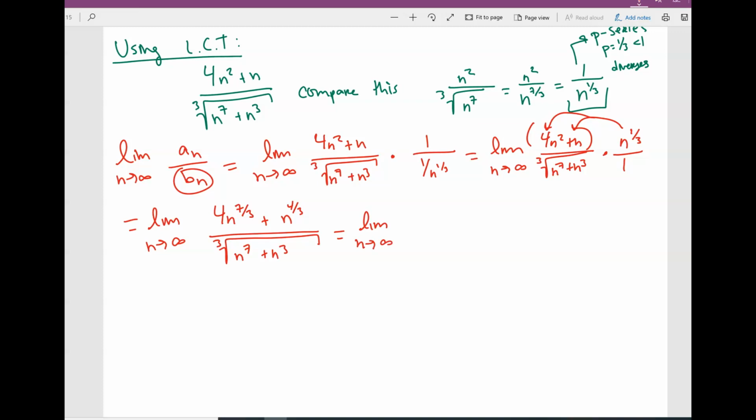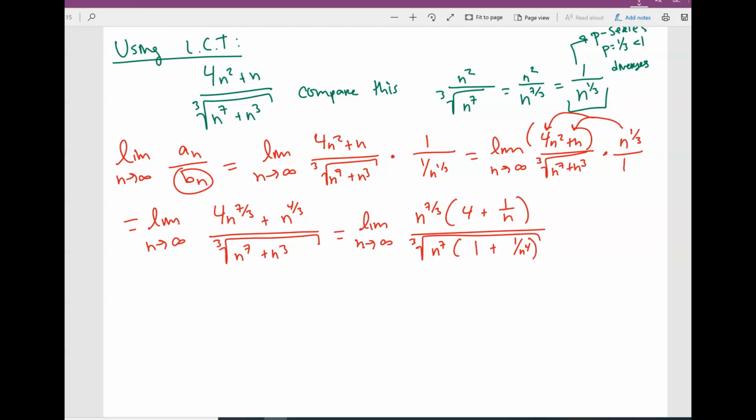In this case, the highest power is 7 over 3, so I'm going to take out n to the 7 over 3, and I'm left with 4 plus 1 over n. On the bottom part, I'm going to take out an n to the 7th, and I'm left with 1 plus 1 over n to the 4th.